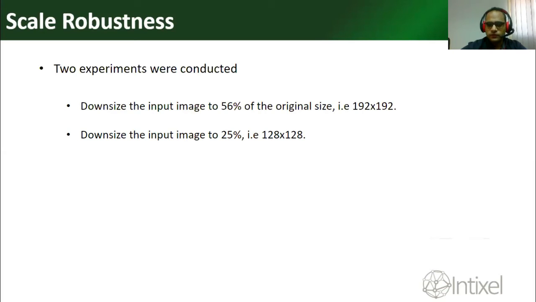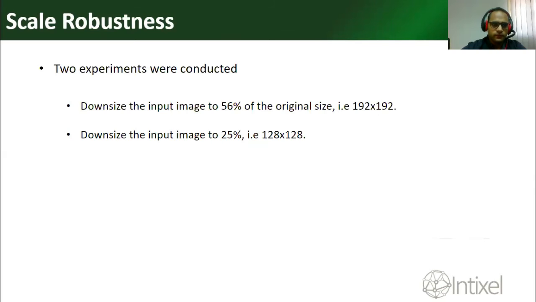The original size of the input of the network was 256 by 256. So we downsampled the input images to 192 by 192, and also downsized the input image to 25% of the original size, and re-evaluated the same dice score to see how the model performs when the image size is reduced this much.